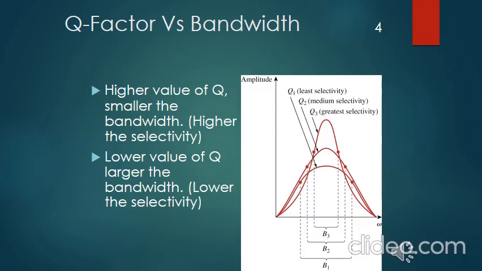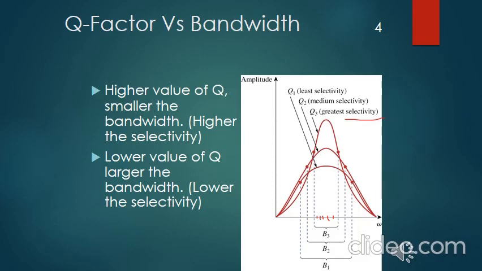That means you get good selectivity that can select the frequencies from here. The higher the quality factor, the lower the bandwidth, so it has good quality and also the greatest selectivity.